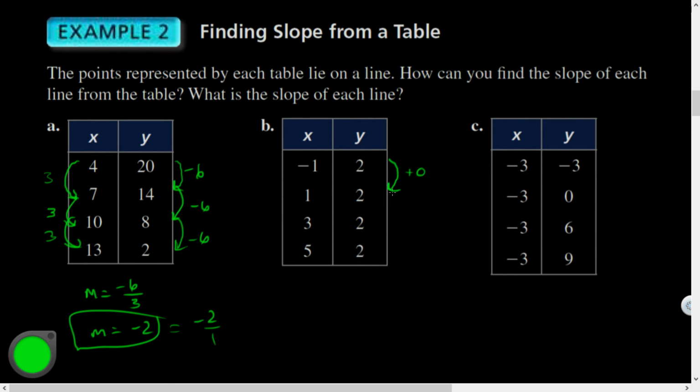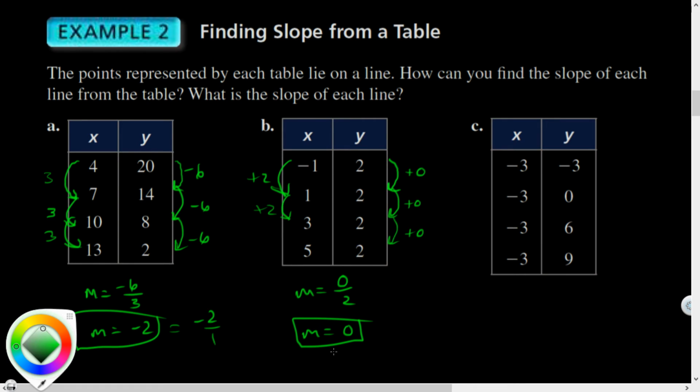It's adding or subtracting 0. Okay, that's interesting. And what's the run? In this case, it went over 2 and over 2. And so the slope is going to be 0 over 2. What's that simplify to be? 0.